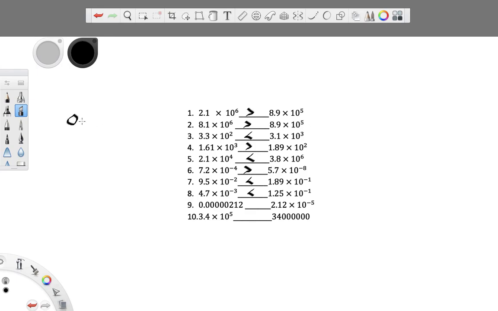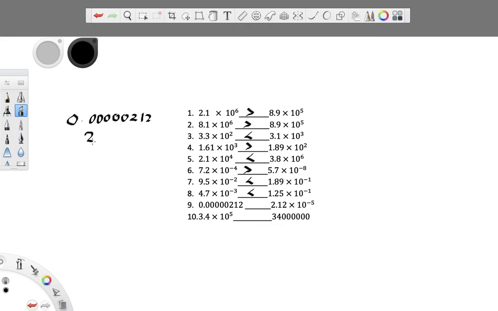Okay, so question 9 and 10 require a little bit more working out because they aren't already in standard form, so we've got to put them in standard form. For question 9, we've got 0 point, and it's 1, 2, 3, 4, 5 zeros after the decimal place, and it's 2, 1, 2. So we put that into standard form. Move the decimal point once, twice, 3 times, 4 times, 5 times, 6 times.